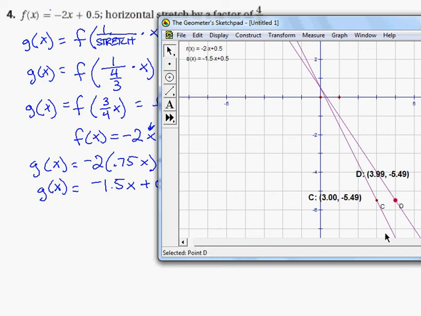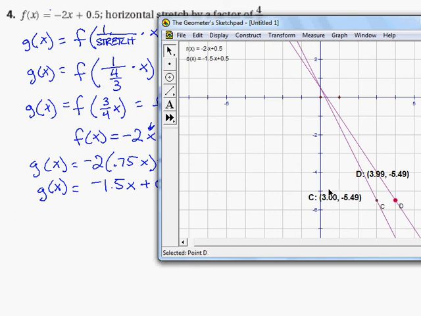There we go. So notice that with the exact same y, both negative 5.49, that's actually 4, 3.99 is actually 4.